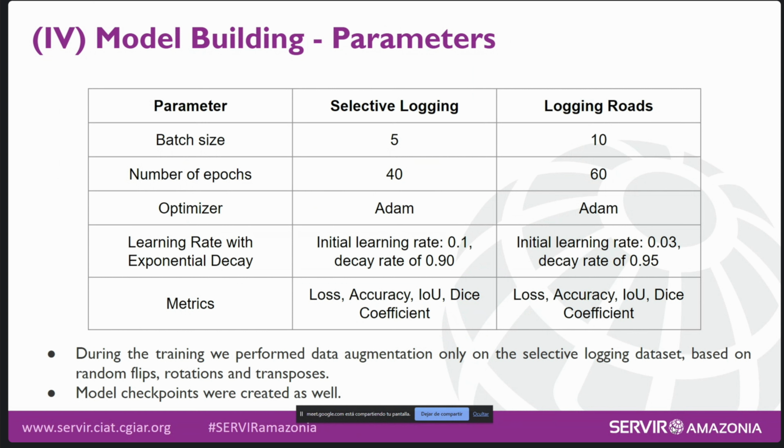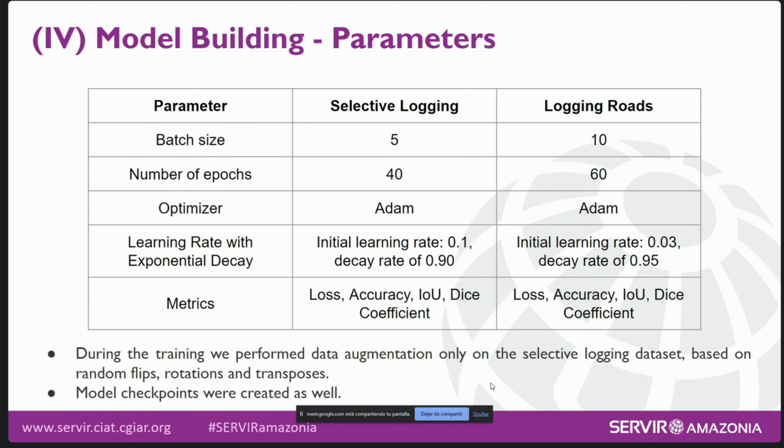And one thing that is important is that we use an initial learning rate with an exponential decay, because we noticed that with our data set, the model tended to overfit really quickly, so we had to control this learning rate. And for the metrics, we used the same metrics, which were the loss, the accuracy, the intersection over union, and the dice coefficient.